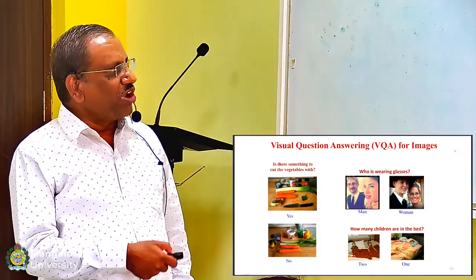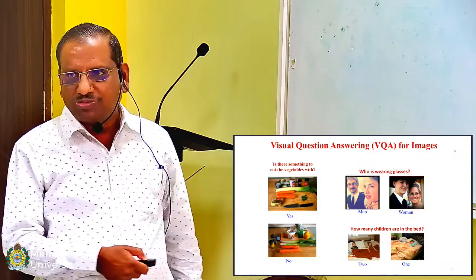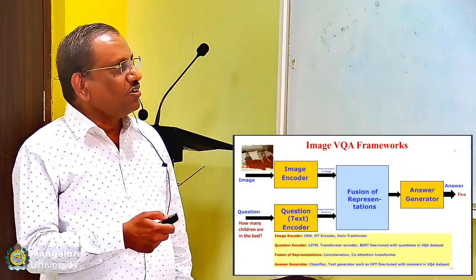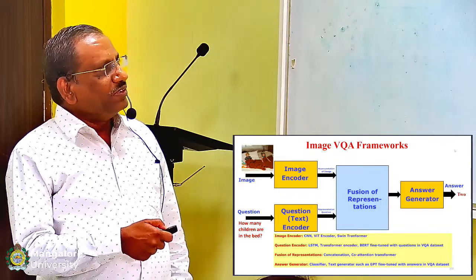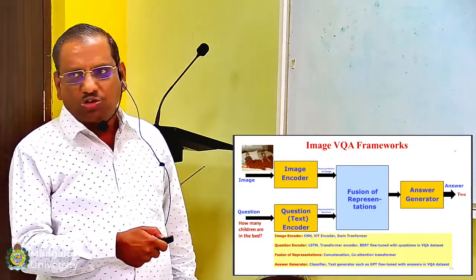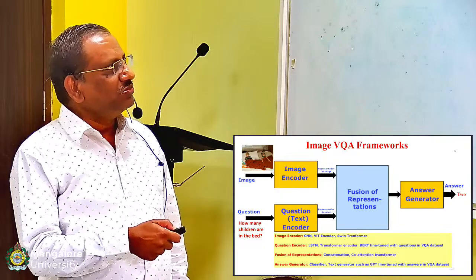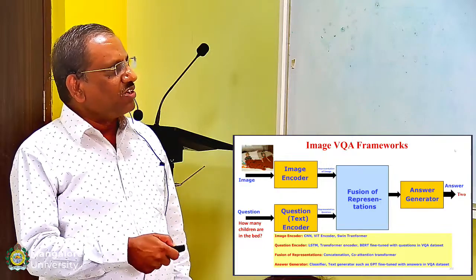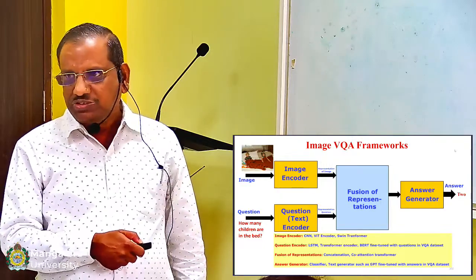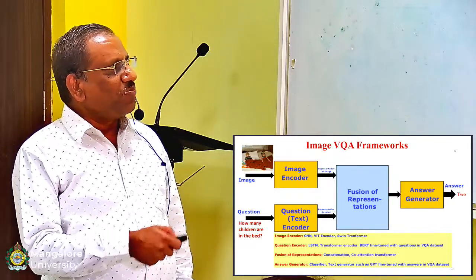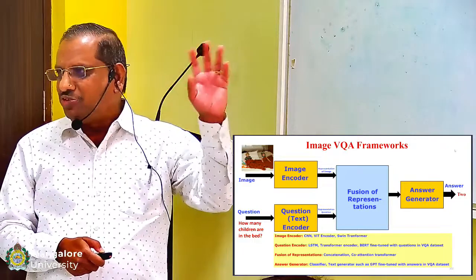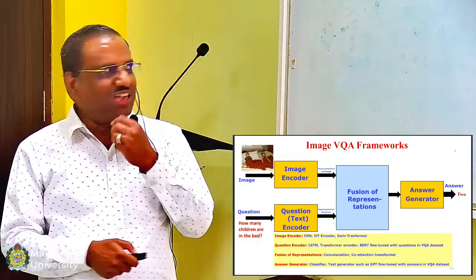It can be one of a fixed number of options. How can you solve this problem? I have one image encoder module which gives the representation of the image, and another encoder which takes the question and gives the representation of the question. Then we combine these two representations, typically again by using the attention mechanism.